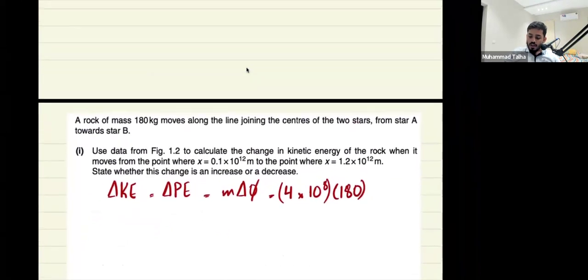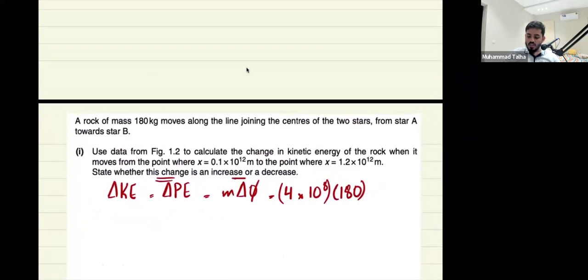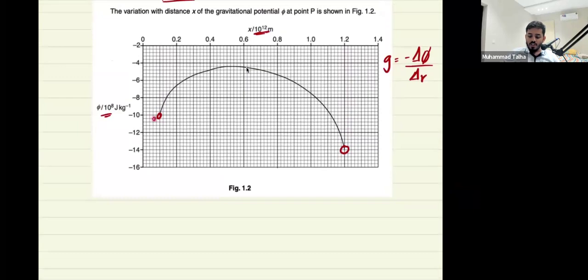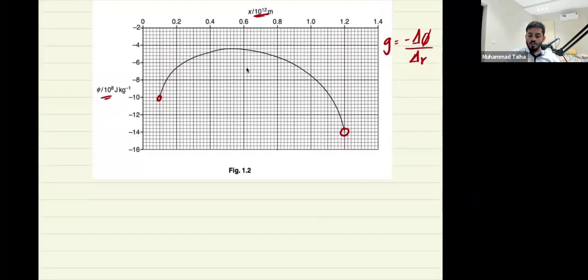Now, if I look here, it also asks me to state whether this change is an increase or a decrease, right? This is what we must think about really calmly before making a decision. Our gravitational potential has become more negative, right? It went from -10 to -14. Now, what does being more negative mean? If I actually do this delta phi, phi final minus phi initial, this is -14 minus minus 10.